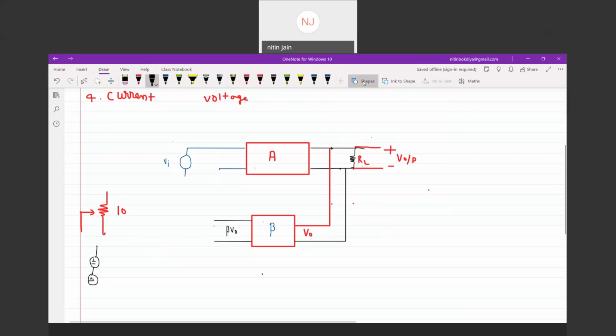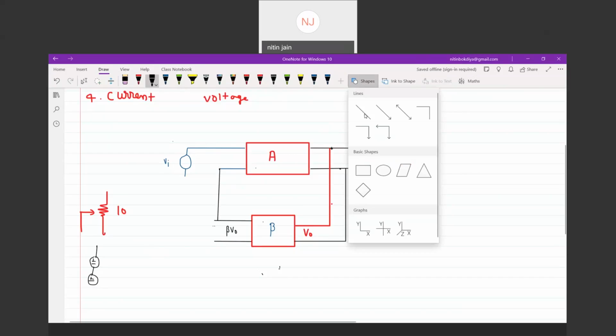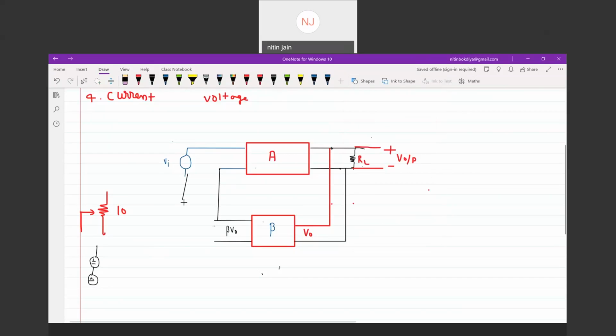This voltage is known as the feedback voltage, plus and minus Vf.